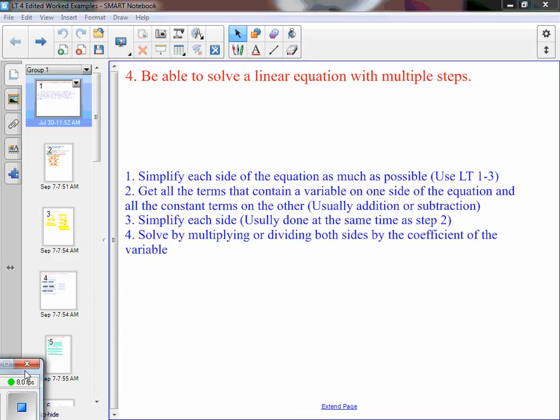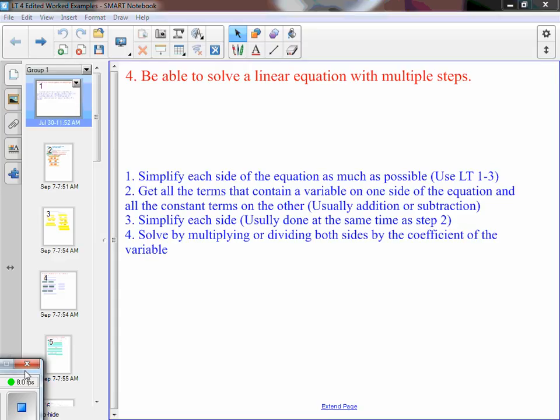Before you start trying to get x on one side or the other, simplify each side of the equation as much as possible. Once you've done that, then you do want your variable term on one side only. So get all the terms that contain the variable on one side of the equation, and then get all of the constant terms. Those are the numbers that don't have variables. Those are called constants. Get all of the constant terms on the other. And that's usually done by adding or subtracting, usually. Then you might need to simplify again.